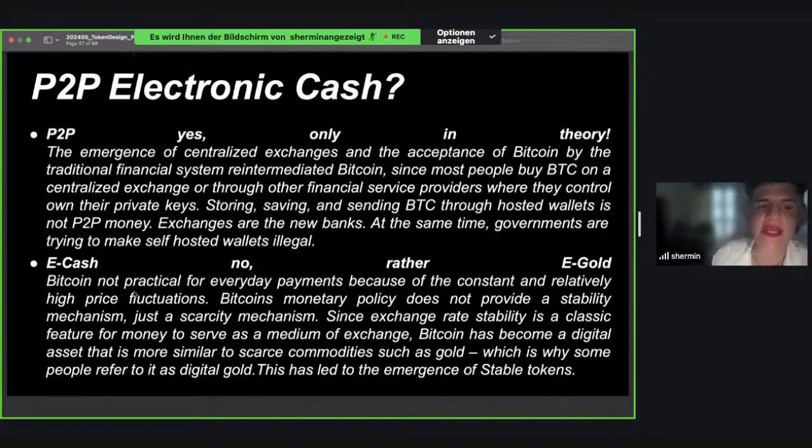Why? Because Bitcoin is not practical for everyday payments, because of its fluctuating exchange rate. It's very, very volatile. For a medium of exchange to be practical, you need some kind of exchange rate stability. And since the monetary policy is so rigid, this purpose was not met.